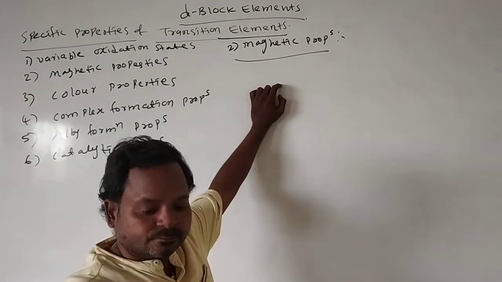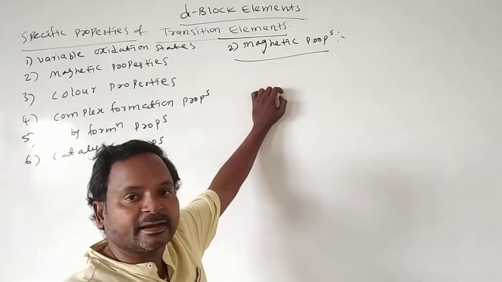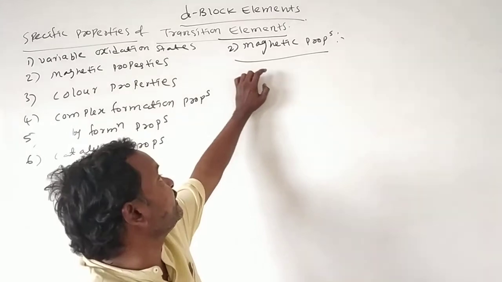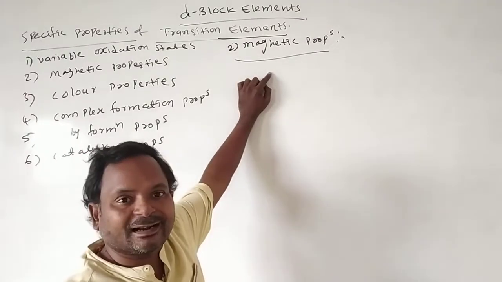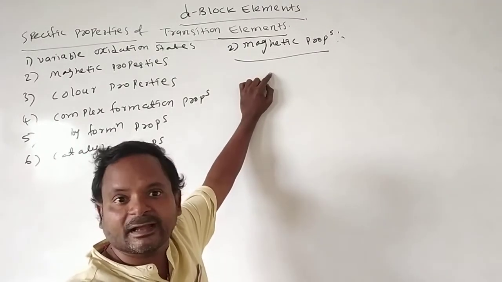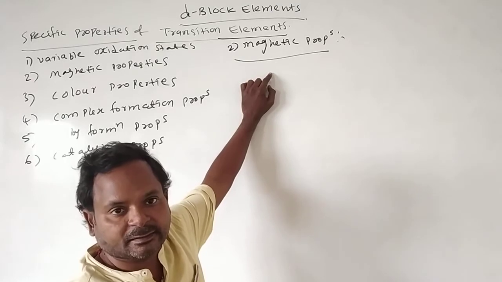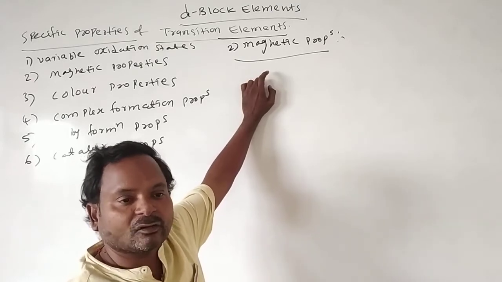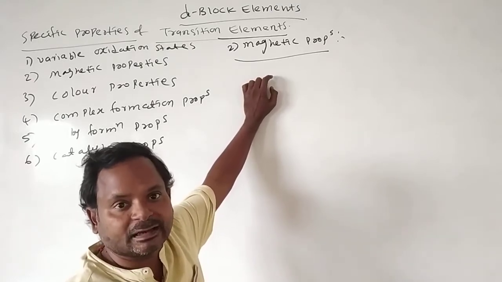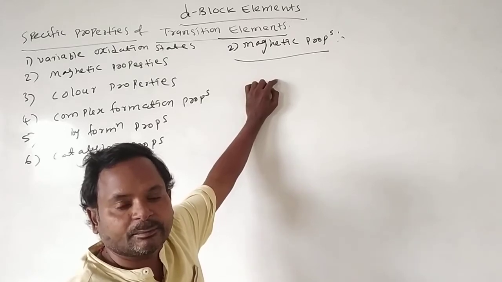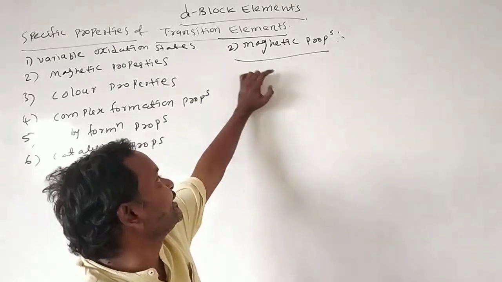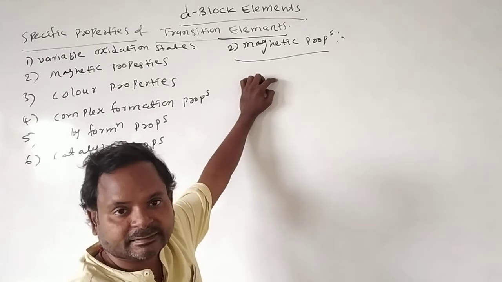Here, the attractive nature of an element we simply consider as a magnetic property. Opposite to attraction is repulsion. The repel nature or attraction nature of any element could be considered as magnetic nature.